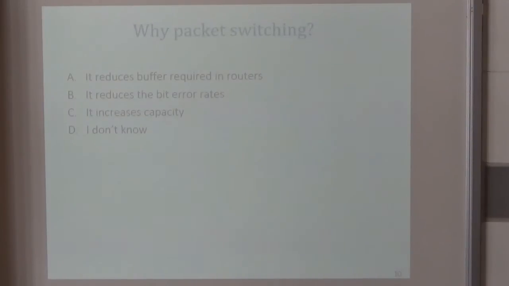And you minimize the total number of retransmissions by doing it locally, repairing the losses exactly where they occurred. So that's not the motivation. Very few of you said B, although it does reduce the bit error. No, it doesn't reduce the bit error rate, obviously. So if you said that, that's plain wrong. And the main reason is really the buffer size.